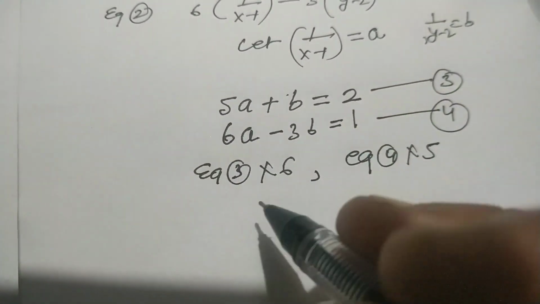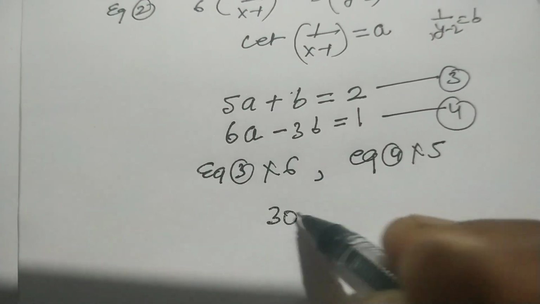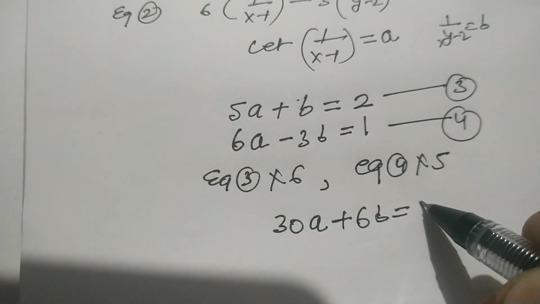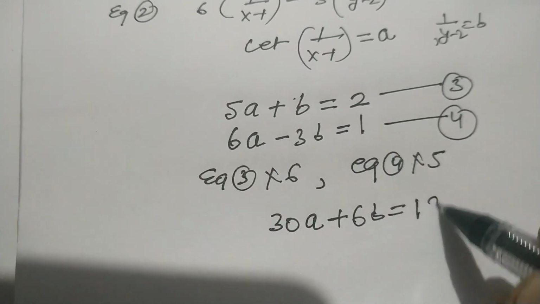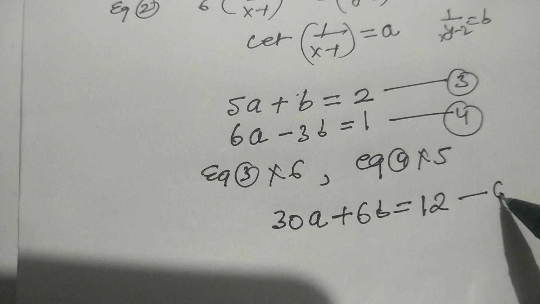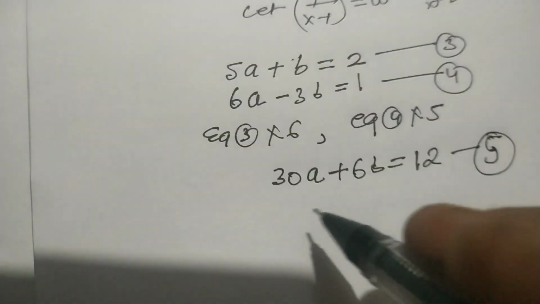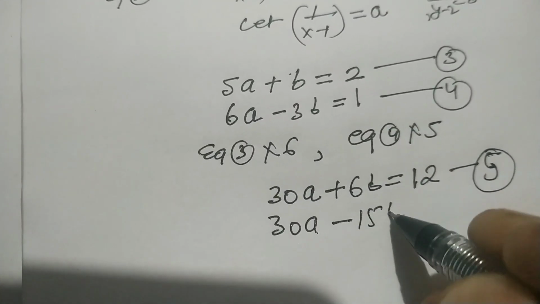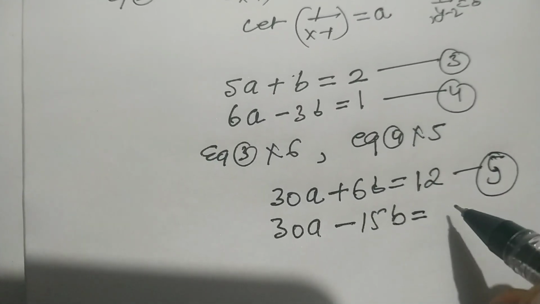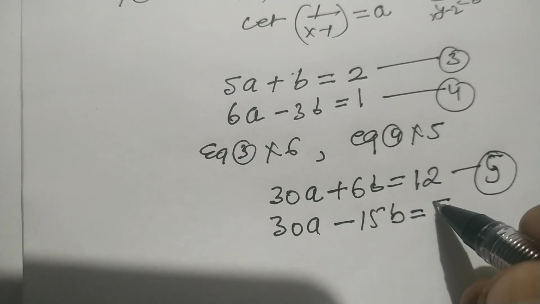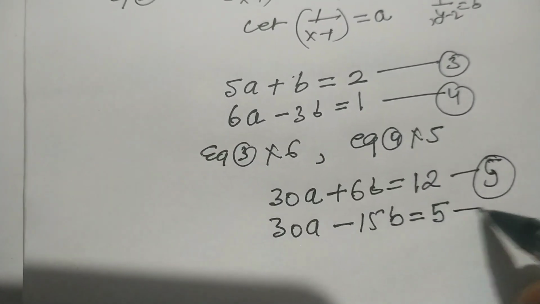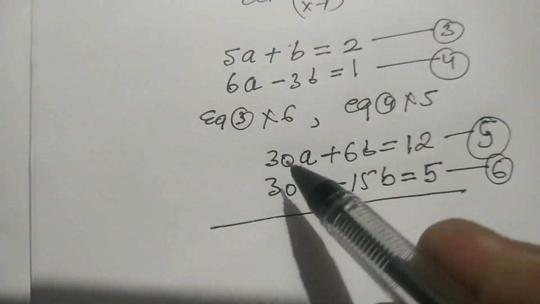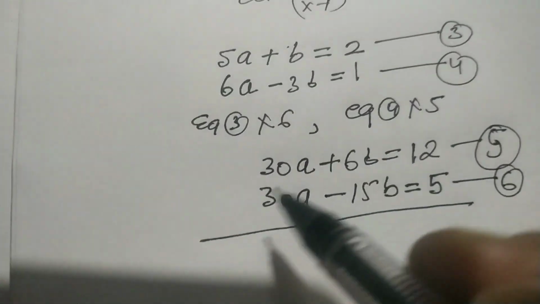See, 6 fives are 30. This is 30a plus 6b is equal to 12. This is equation 5. And now this is 30a minus 15b is equal to 5. This is equation number 6. Now check it. The coefficient is the same, 30a and 30a, and the sign is the same.